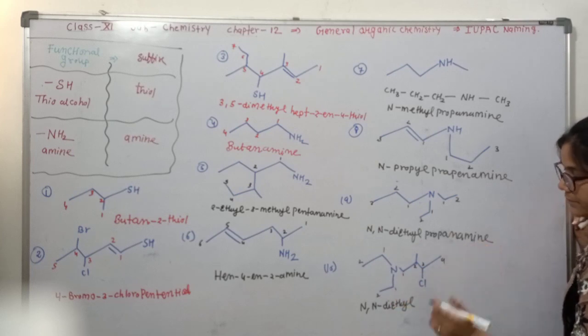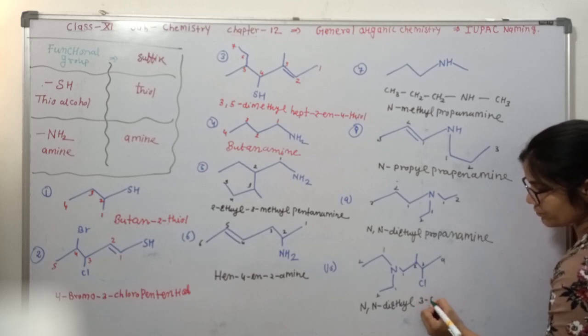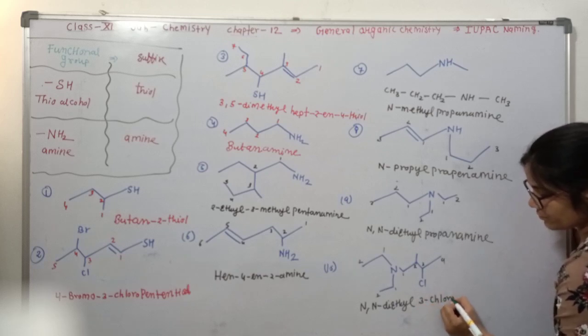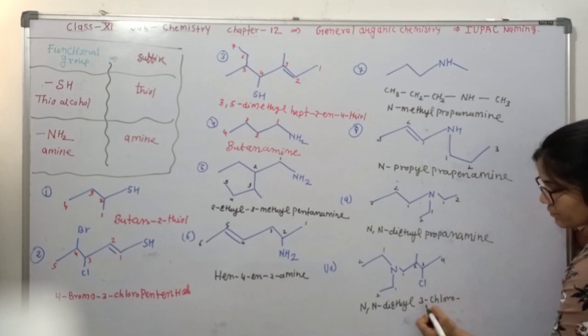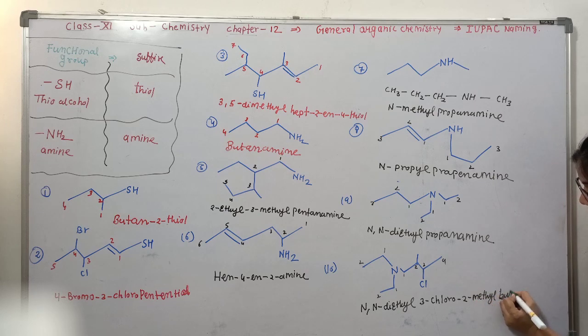Now for this chain, 3-chloro, 2-methyl butanamine. So this is the naming for the functional groups amines and thiol.